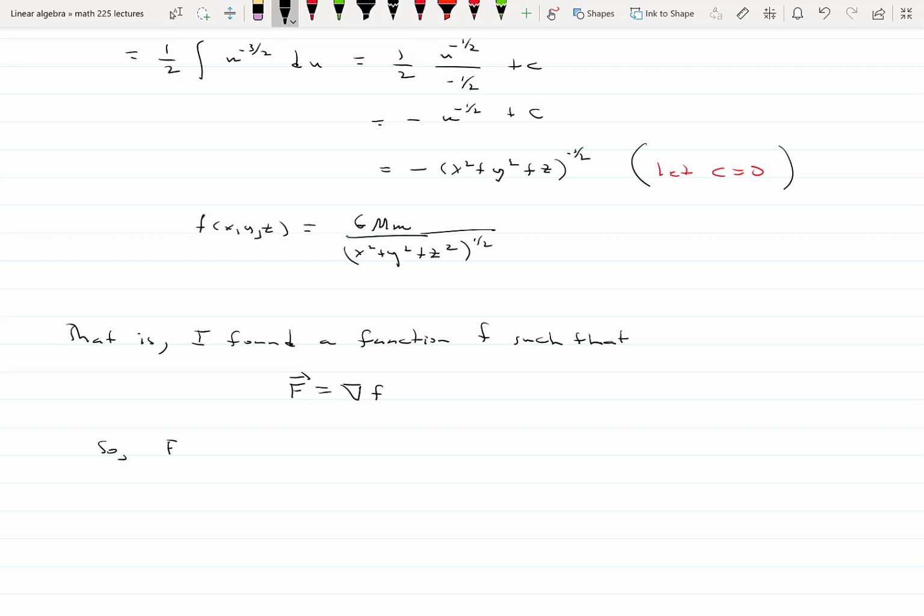So Newton's law of gravitation, F, is a conservative field. This is extremely important in physics.